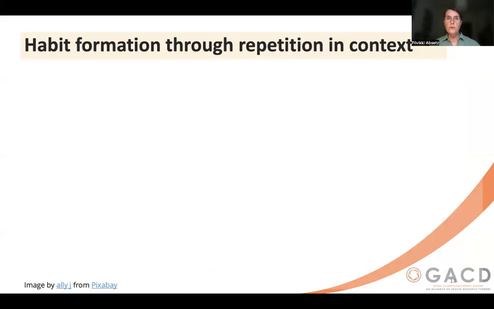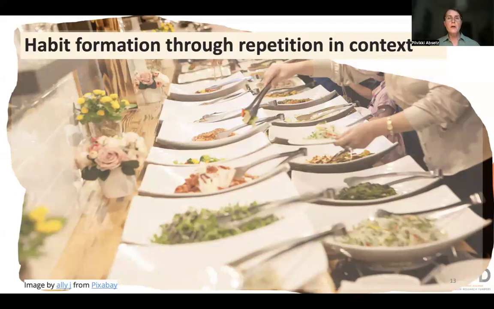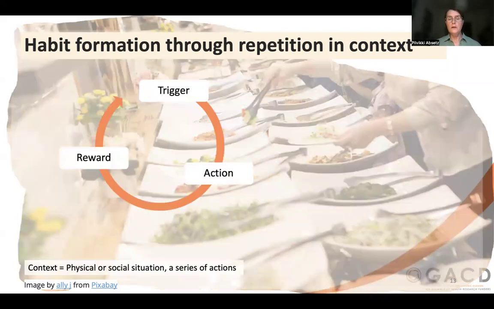Habit formation through repetition in some specific context is something that is important to remember for the automatic processes. So, for example, context can be a physical or a social situation or a series of actions that repeat in the same way all over again. And when in this type of a context, something triggers an action, and the action results in some type of a reward.